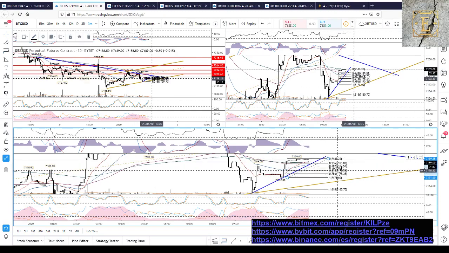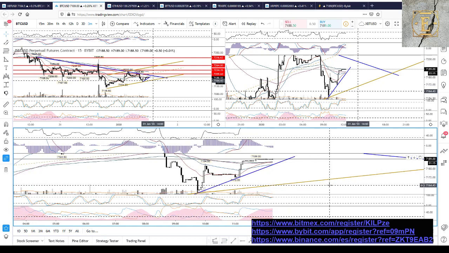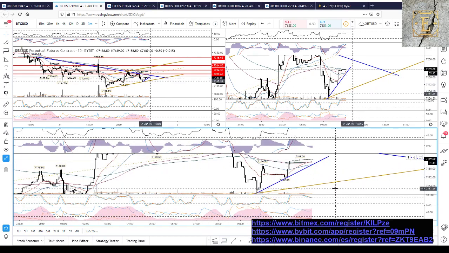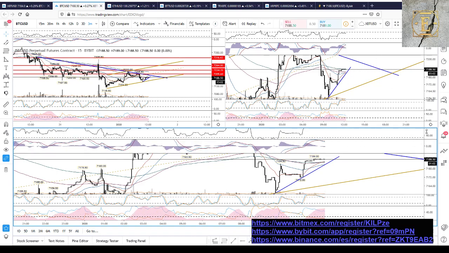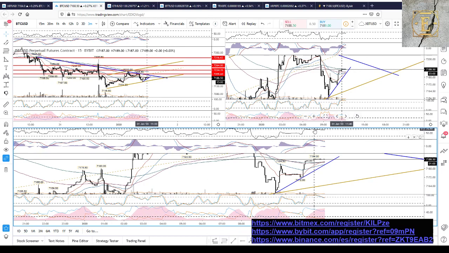So it's time to short in this case. 3 minutes here. This is bullish, so it's okay, but the other signs we got overextended the 3 minutes and the 5 minutes. So let's enter.